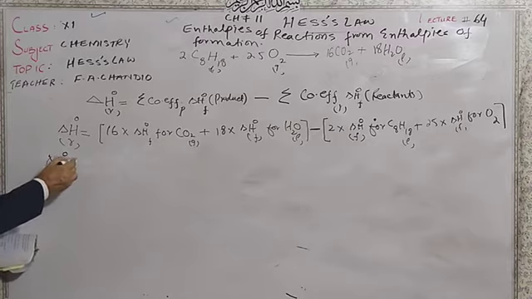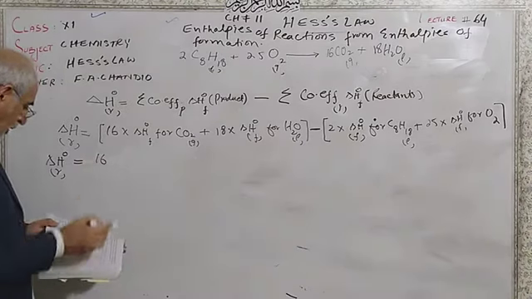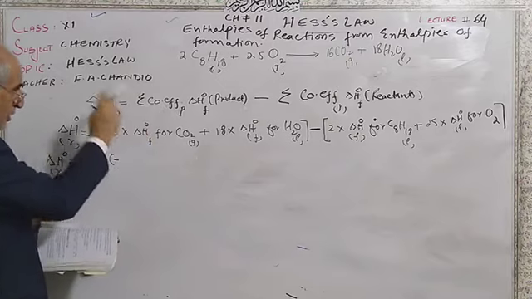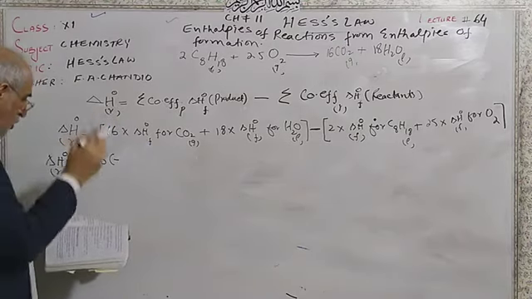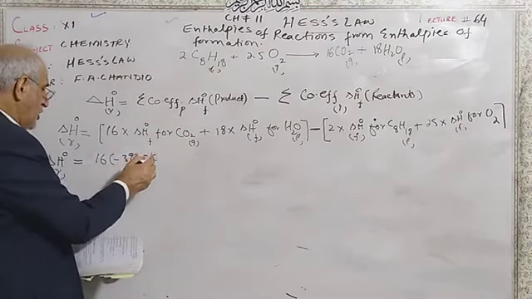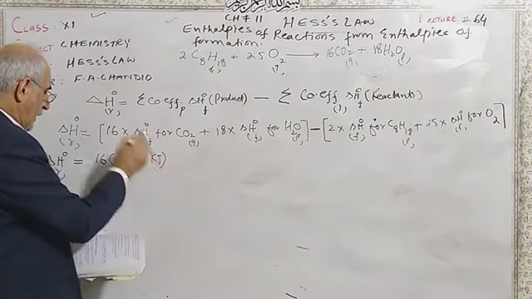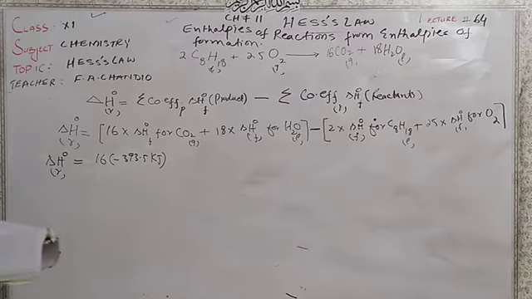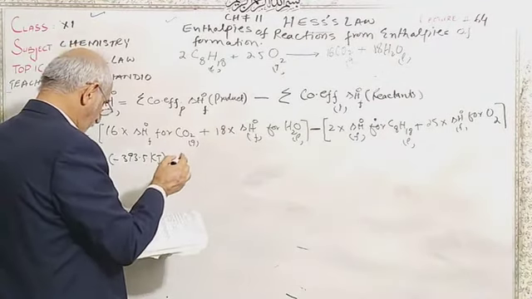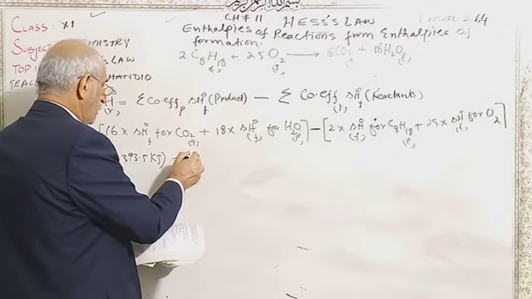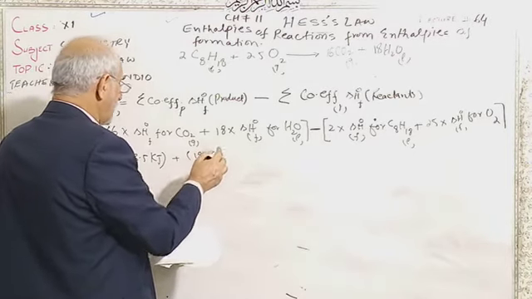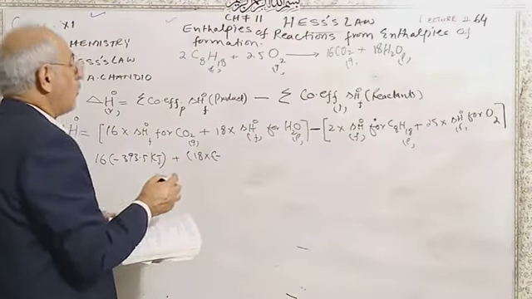Delta H naught of reaction: 16 multiplied by the value for carbon dioxide gas, which you know is minus 393.5 kilojoules, multiplied by 16, plus 18 multiplied by minus 285.8 kilojoules for the water.